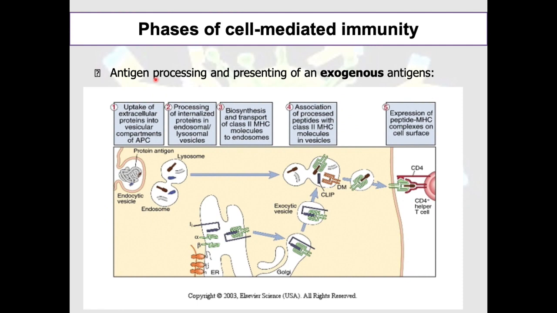Right. So this is the phase of cell-mediated immunity, antigen processing and presenting of exogenous antigens. Exogenous means from outside. It is MHC class 2. Basically, MHC class 2 is expressed on APCs such as macrophages, B cells, or dendritic cells, and it can only be recognized by T helper cells and CD4.